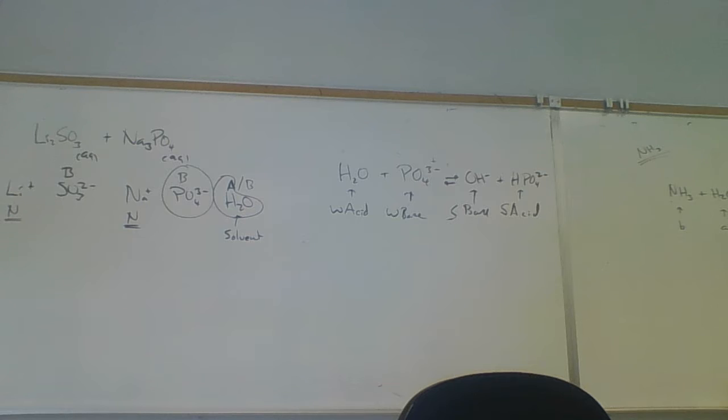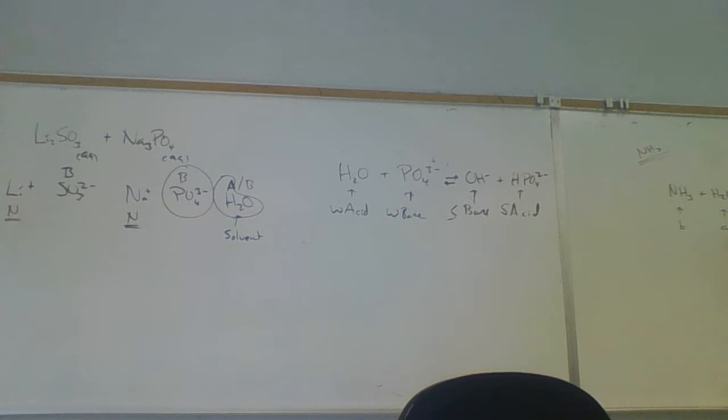Now, going backwards, which one would be the acid? Which one would be the base? Going backwards, ammonium, does it lose or does it gain? It loses, so this is the acid. The acids lose a proton, and the base would gain. And so what we're trying to figure out is, is it downhill forward or downhill backwards?